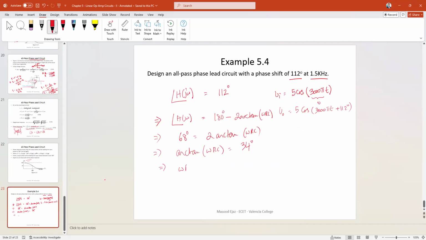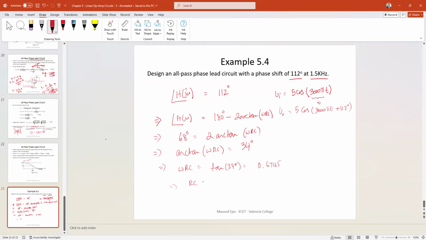Which means omega RC is the tangent of 34 degrees, which is, let me calculate it real quick, 0.6745.